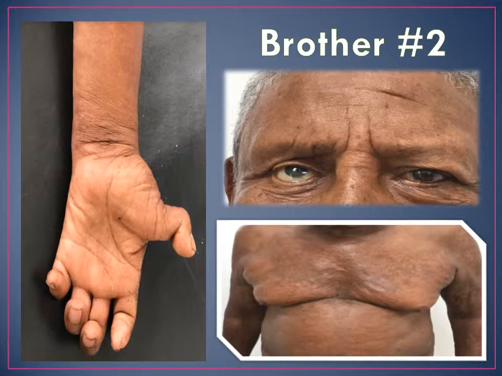So on the picture to the left, we can see the claw hand. On the picture to the right, on the top, we could see that his right eye is the one he lost, and now he has a fake globe in place. And to the bottom, we can see the sequela and the scarring of his old skin lesions on his chest.